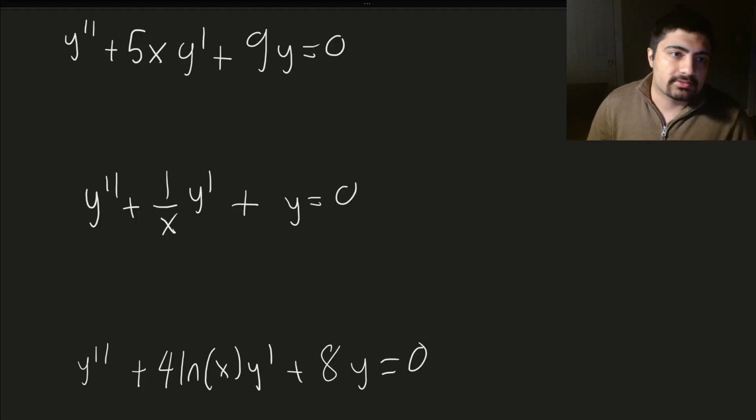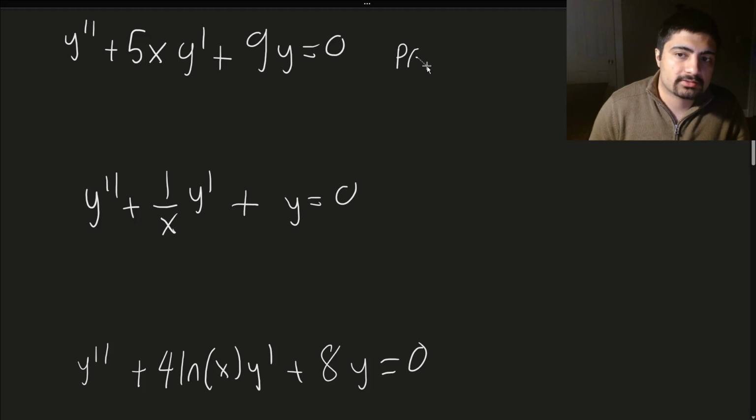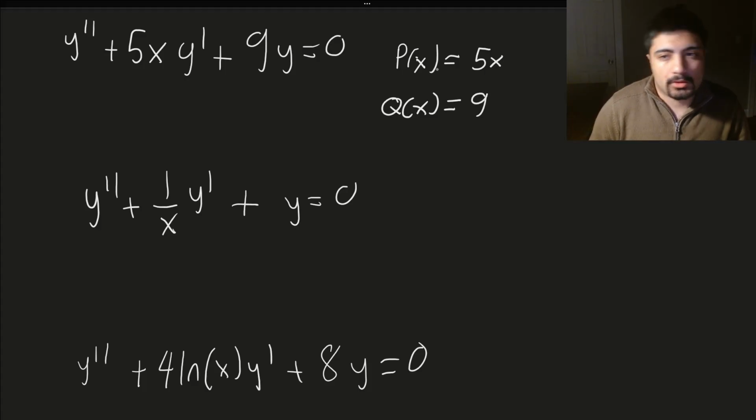Our first example is y double prime plus 5x y prime plus 9y equals 0. This differential equation is already in standard form, so all we have to do is check our functions p(x) and q(x). p(x) will be equal to 5x, and q(x) will be equal to 9. 5x is defined everywhere in the real plane, so this doesn't have any discontinuity or non-existing limits.